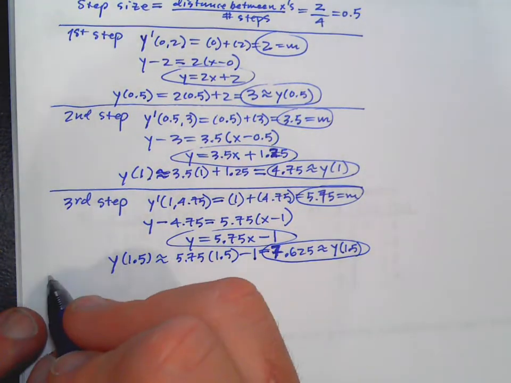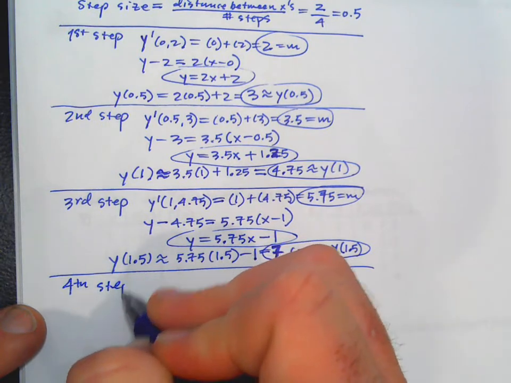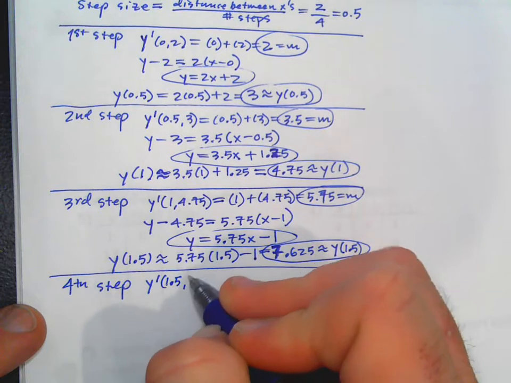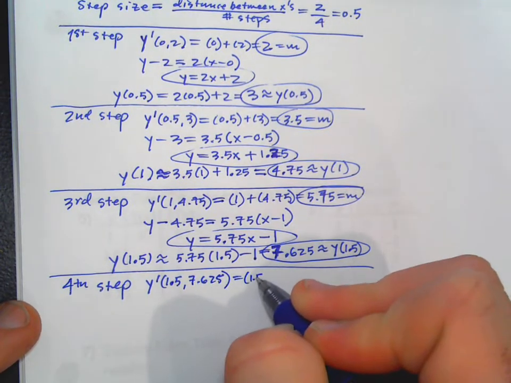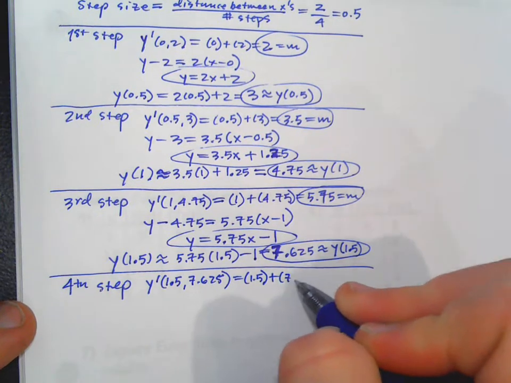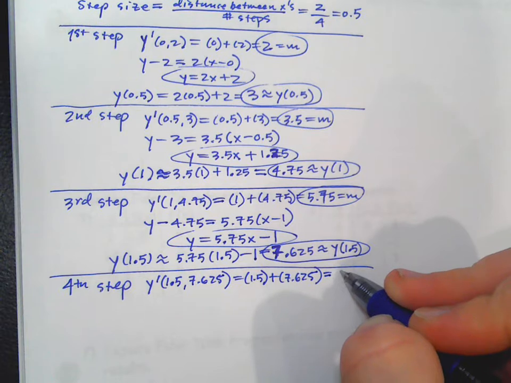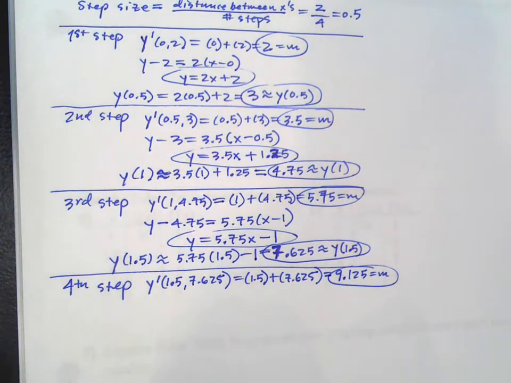So we got to the last step, our fourth tangent line. Okay, so y prime at 1.5, 7.625 equals 1.5 plus 7.625 equals 9.125. That's your slope.